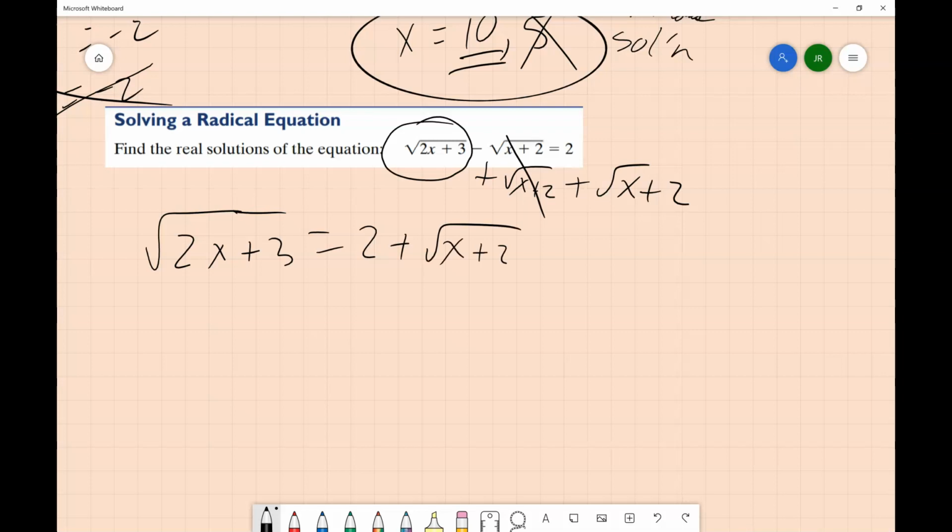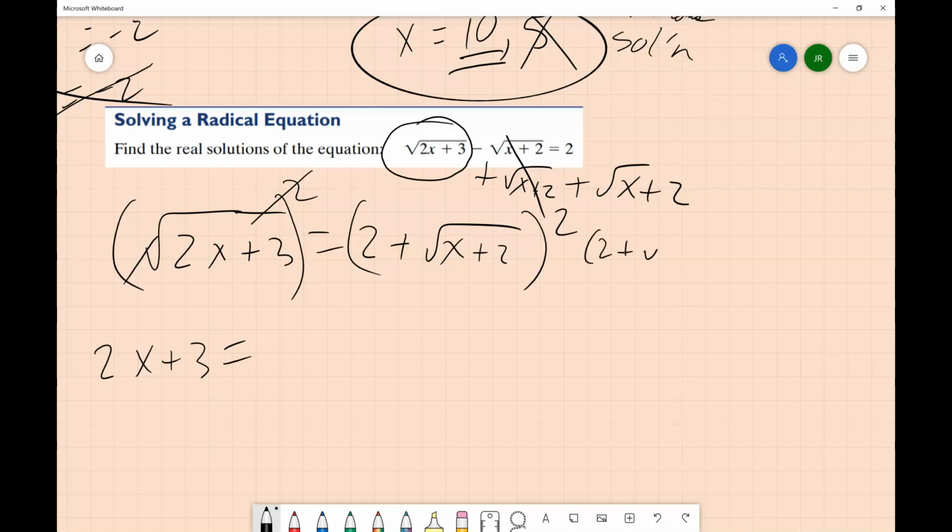And from here, I'm going to get rid of this radical on the left by squaring both sides. That gets rid of this radical on the left, so I get 2x plus 3 equals. But on the right side, I have to FOIL this with itself, which is pretty complicated.